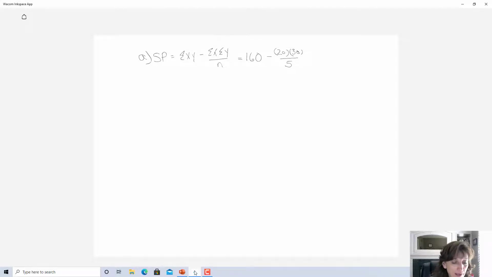So when I do my math, it's simply going to be 160 minus 120, which is 40. So 40 is my sum of products. This is going to end up being the top part of my formula for the correlation. The sum of products is basically the covariance between x and y.